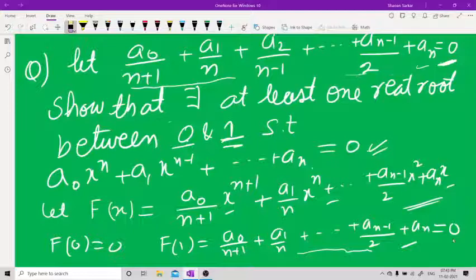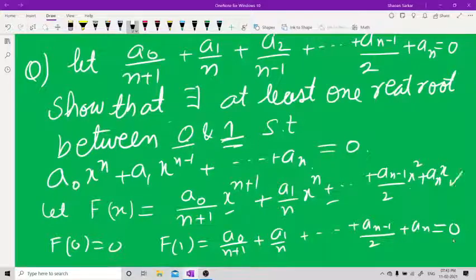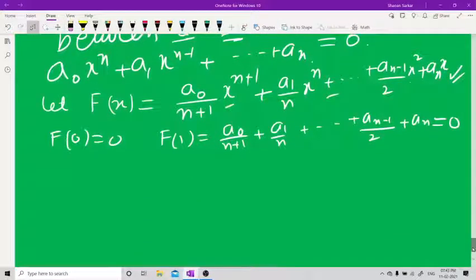Wait, let's rub all this. Now this is a polynomial, this is continuous, differentiable, and everything. So let us just write it down. That this function is f.